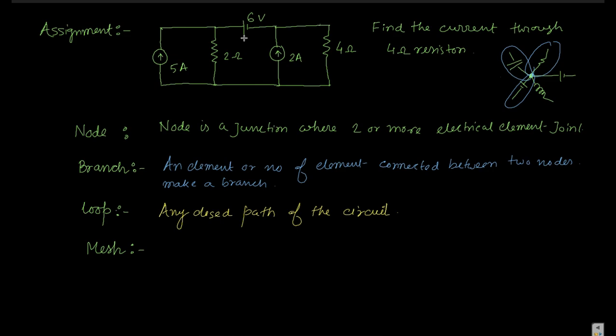But how many meshes are there? This is the most elemental form. So this is one mesh, this is one mesh, and this is one mesh. So there are three meshes present in the circuit. So this is the most elemental form of a loop. The most elemental form of a loop is a mesh.